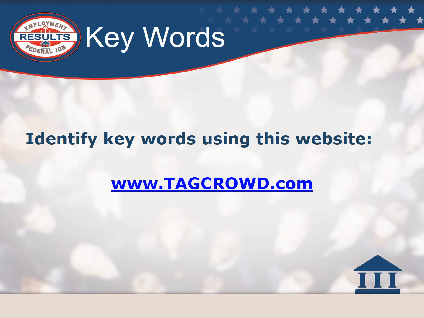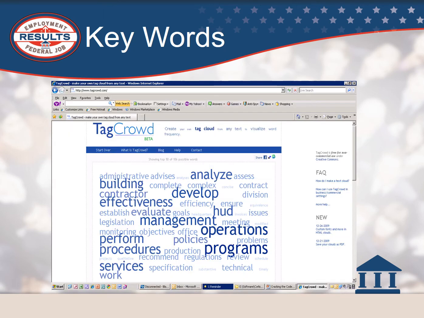What I will do is I will take the important information from the vacancy announcement. Generally it will be the duties section, some of the language in the qualification section, and I will take language from the KSA section, and I will copy it and paste it directly into the TagCrowd box provided to me on the website.